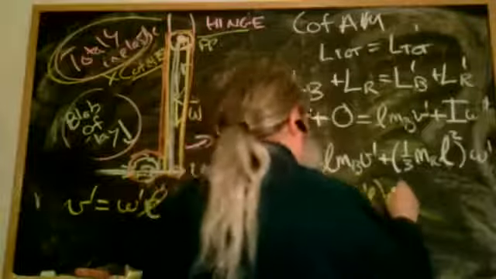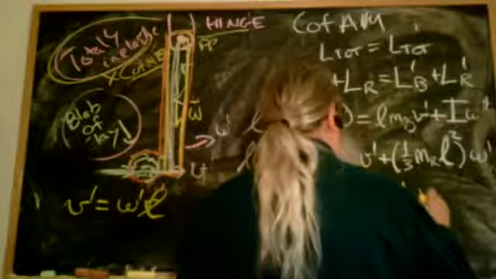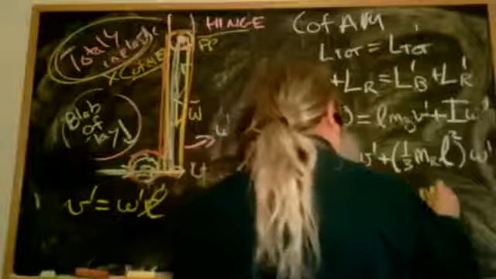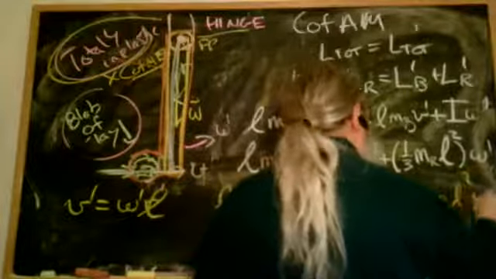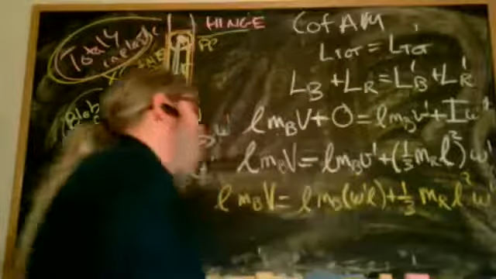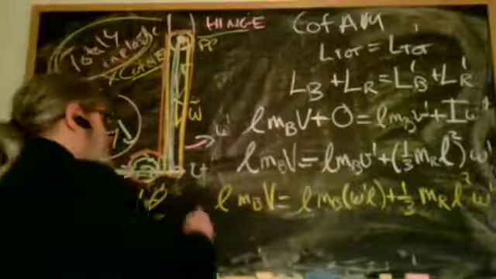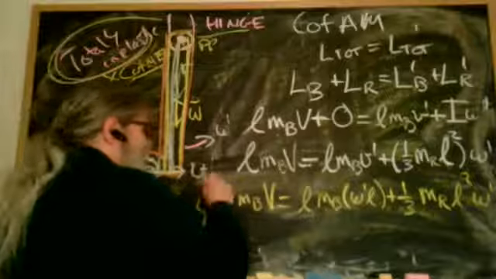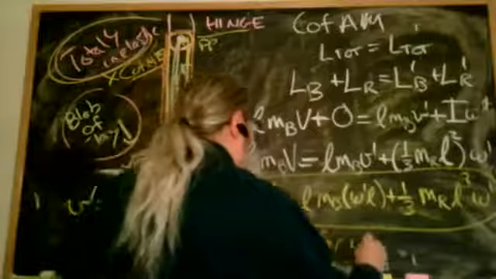Times that, so that's cool. And that's plus 1/3 times M sub R times L squared times omega prime. Yes? So notice that I'm not going to finish, but at this point we just solve for omega prime.